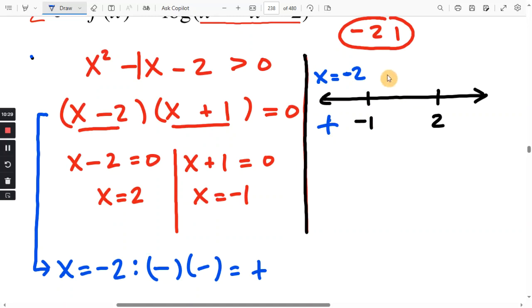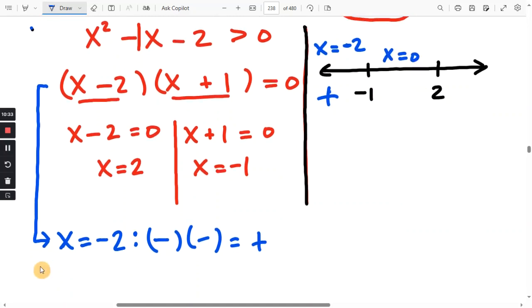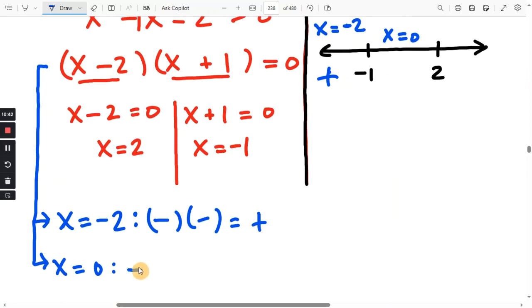Between -1 and 2, let's try x equals 0. At x equals 0, 0 minus 2 is negative. 0 plus 1 is positive. Negative times positive is negative.